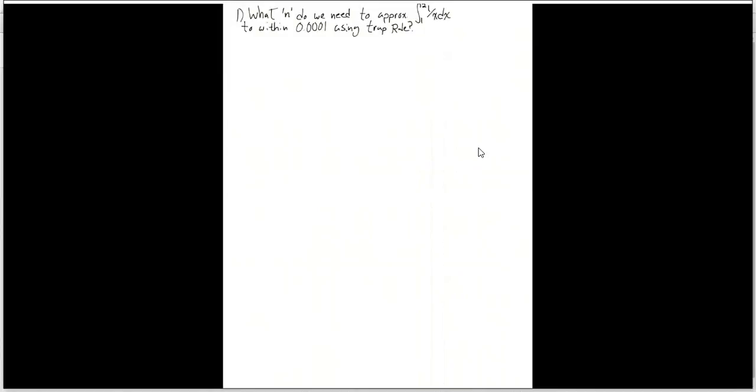So how many subintervals do we need using trapezoidal rule to get a really good approximation to within 0.0001?